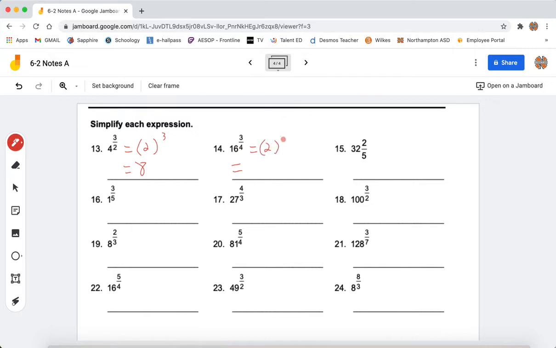So we got 2 to the 3rd is 8. 32 to the 2/5, so the 5th root of 32, I should be writing it out, is going to be 2. So then I have 2 squared is 4. Look, 1 to any power is just 1, so you're over and done. Doesn't matter what this exponent is, positive, negative, fraction, whatever. It's always going to be 1.